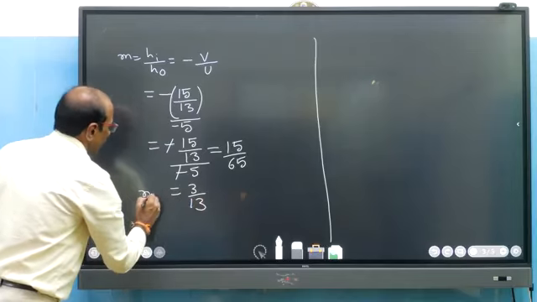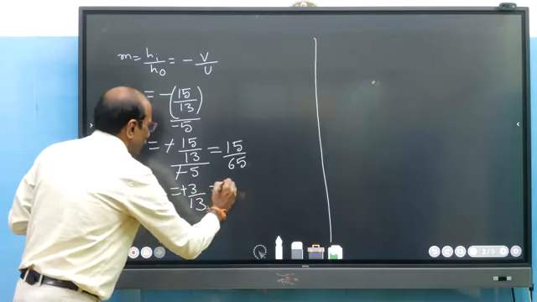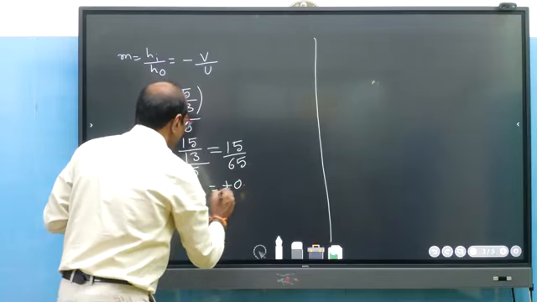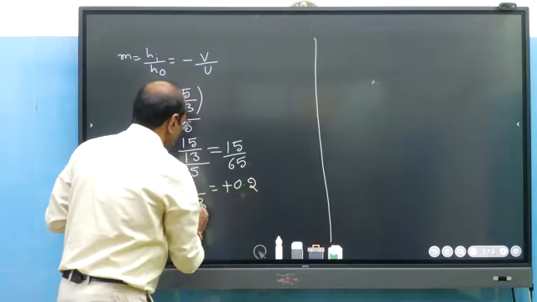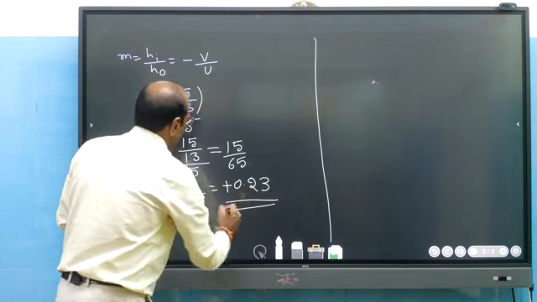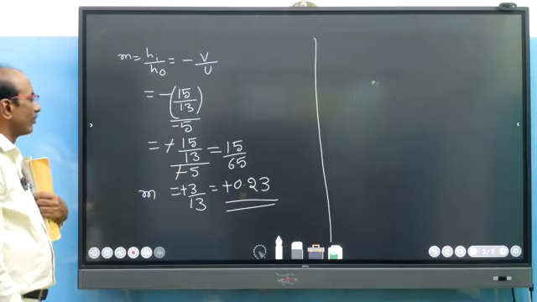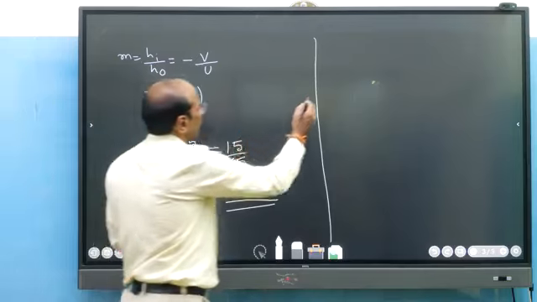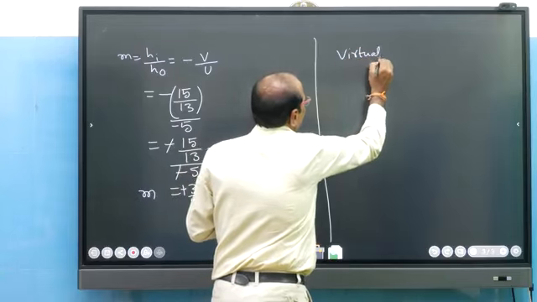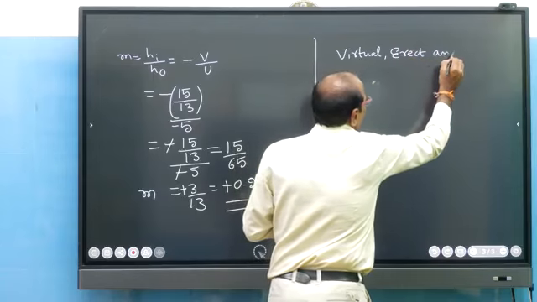So this is the magnification. M equals plus 3 by 13, which equals 0.23. That is the magnification. Now the nature of the image: the image is virtual, erect and diminished.